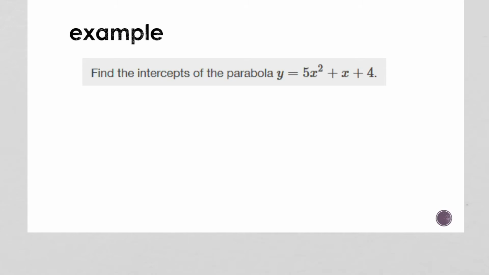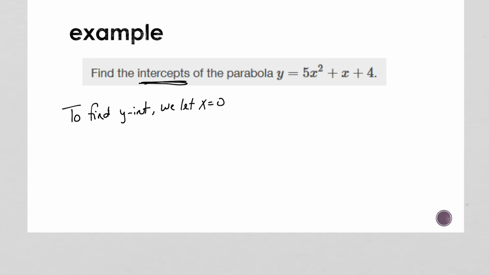All right, so let's find the intercepts of the parabola. Notice it doesn't say find the x-intercept or the y-intercept. It says find the intercepts. That means you need to find all of them, the x and the y. To find the y-intercept, we let x equal 0.